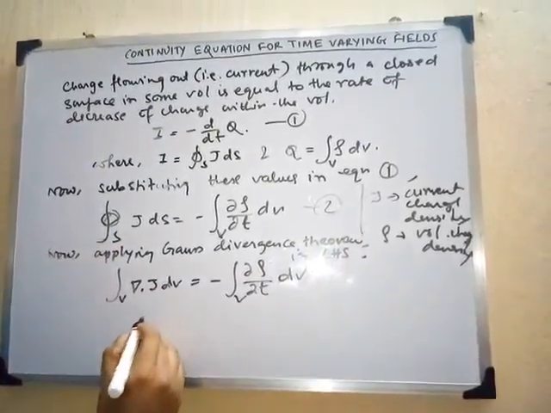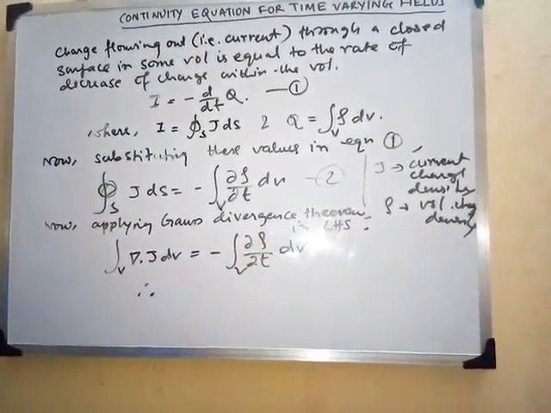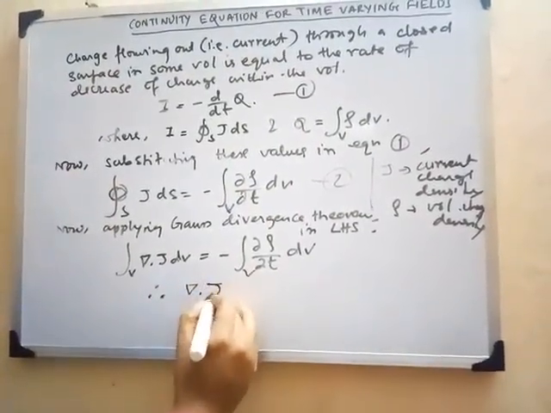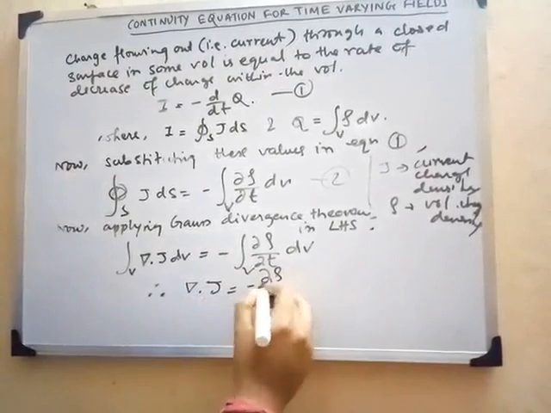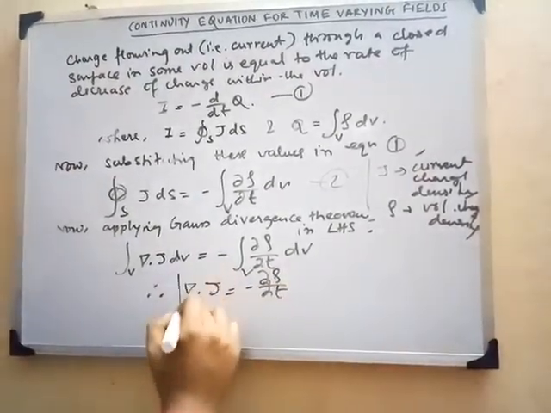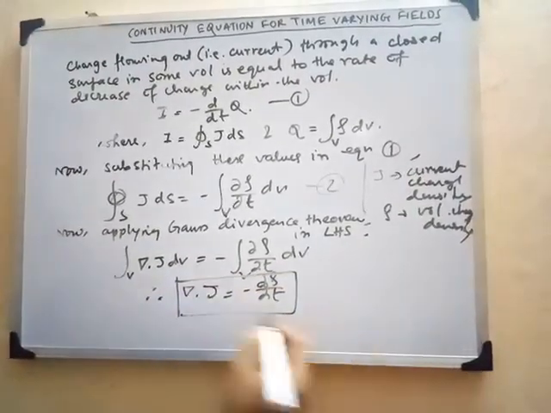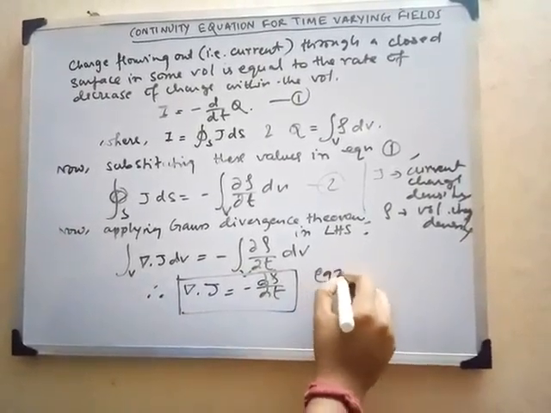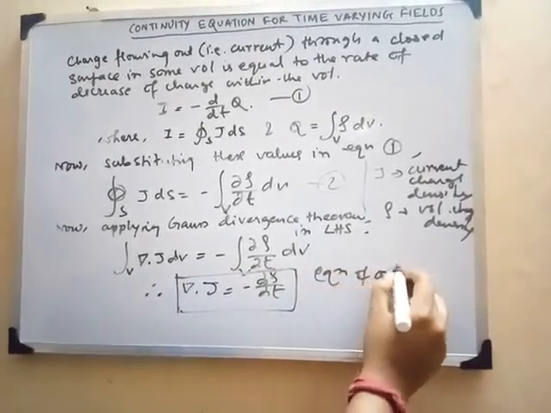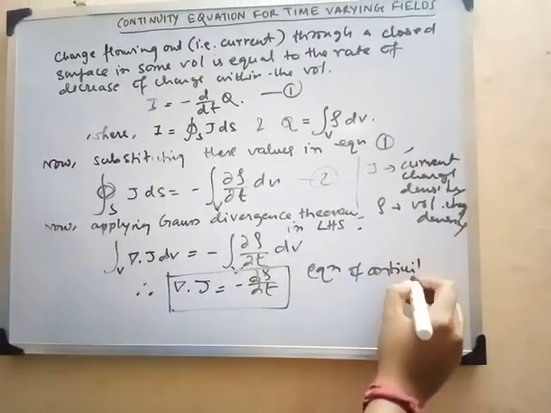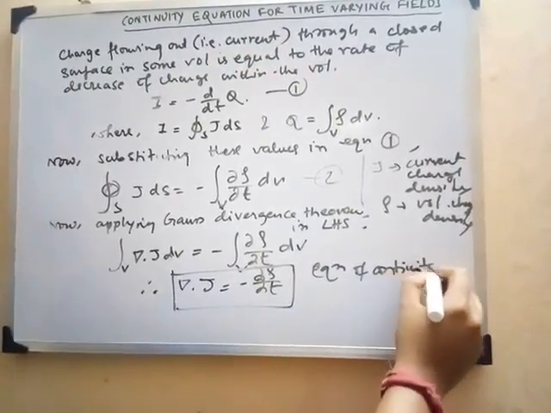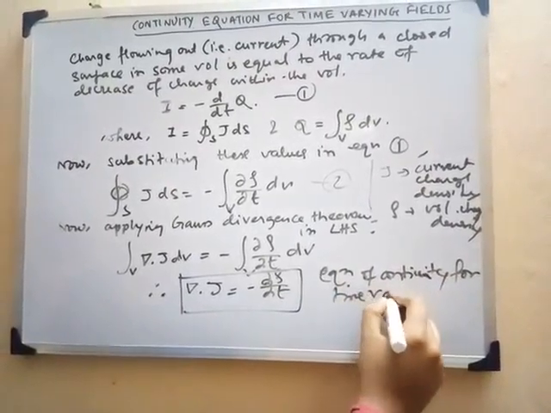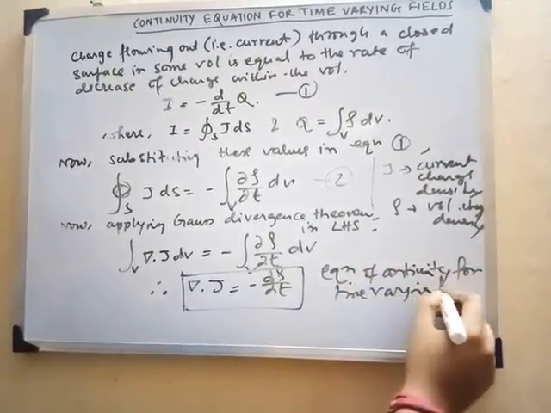Therefore, from this expression we can write that del dot J will be equal to minus del rho by del t. This is known as the equation of continuity for time varying fields.